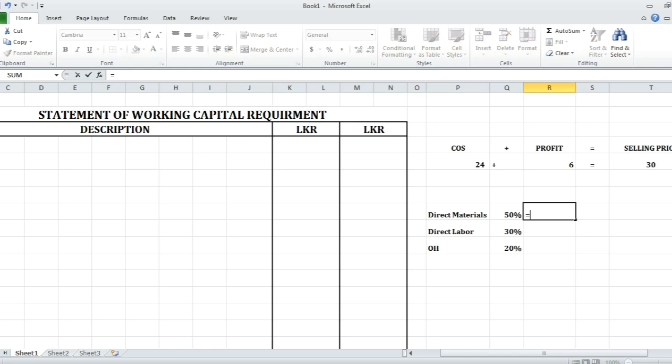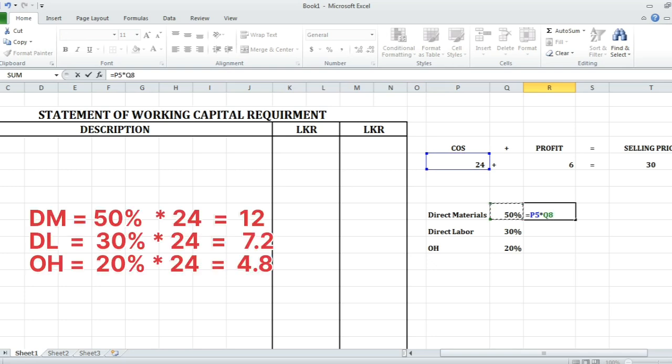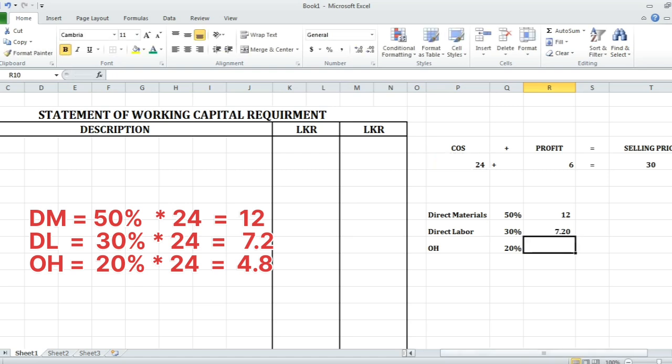Total cost of sales per unit is 24 rupees into 50% direct material percentage. So the direct material cost per unit is 12 rupees. Direct labor is 30% of the cost of sales. So 30% into 24 rupees is 7.20 rupees, the direct labor cost per unit. And overhead percentage is 20% on cost of sales.